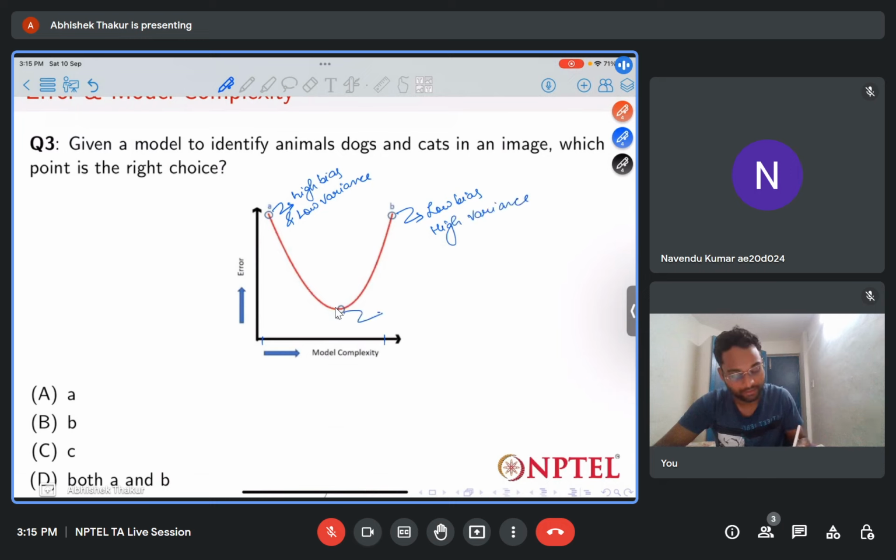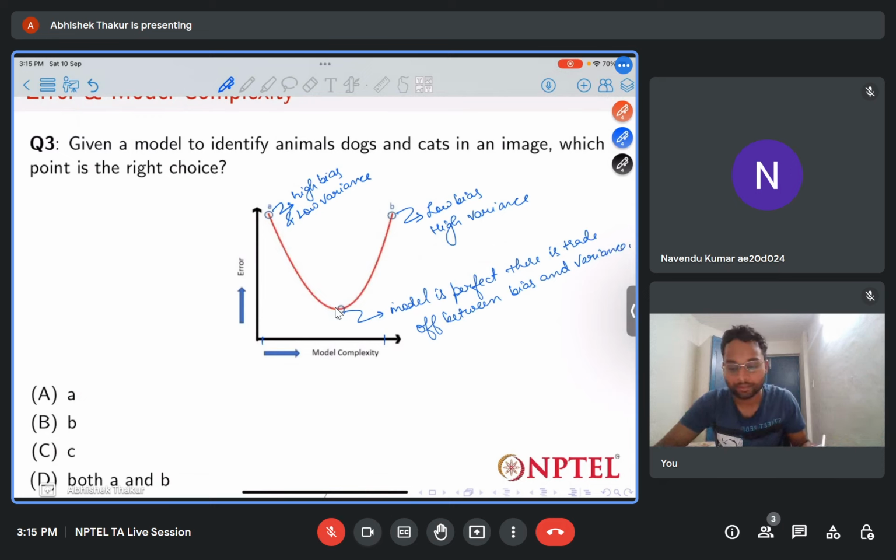And point C is the ideal point. Here the model is perfect. There is a trade-off between bias and variance.